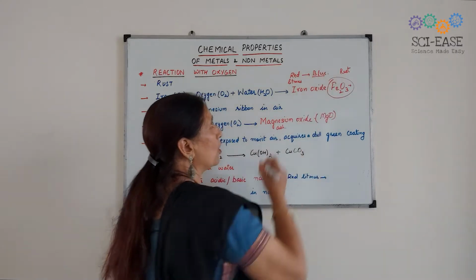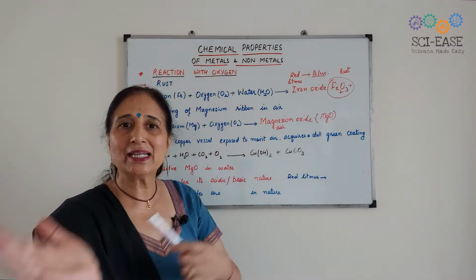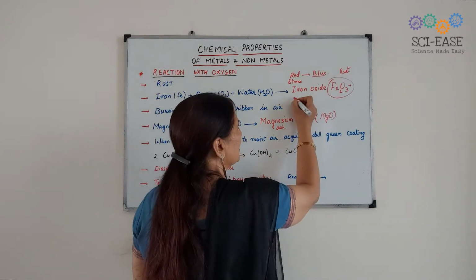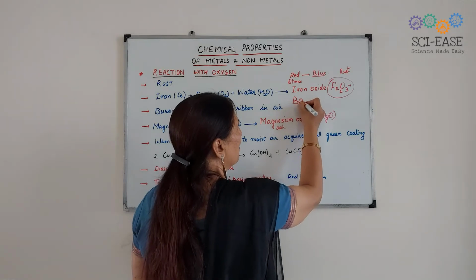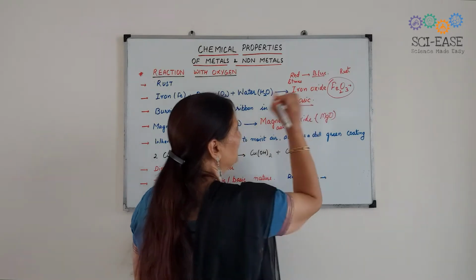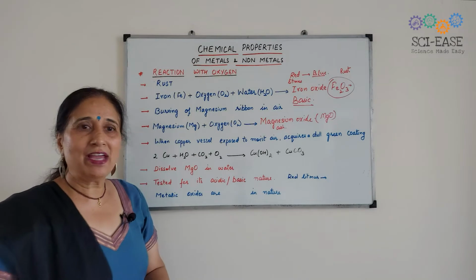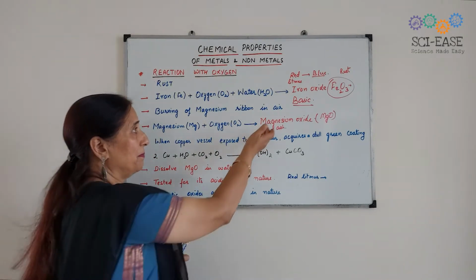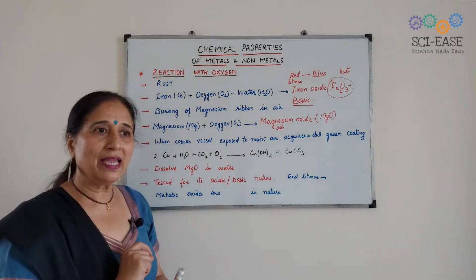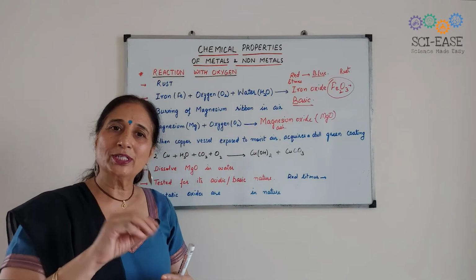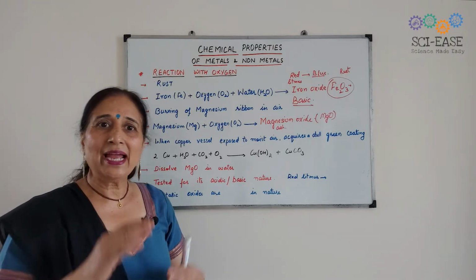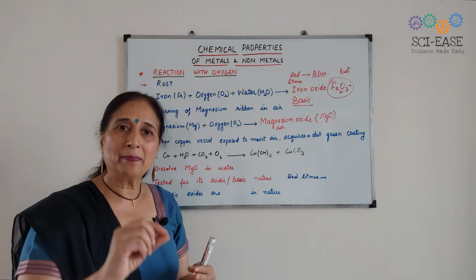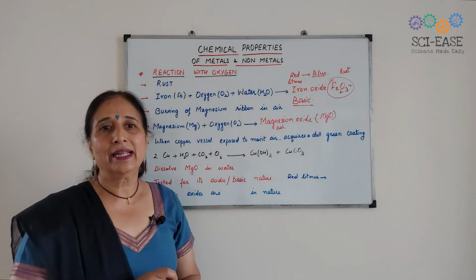So what type of oxide is this? If red litmus turns blue, this is a basic oxide. This means iron oxide is a basic oxide. In the same way, you take this ash, magnesium oxide, again in a test tube, put some water to it, and then again take blue litmus paper and put it in the test tube.